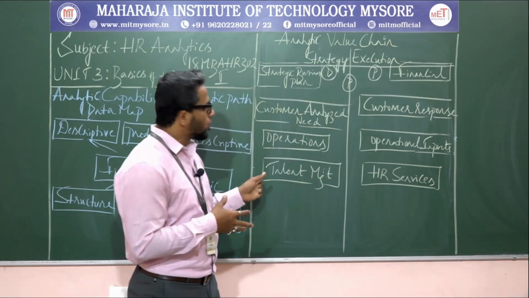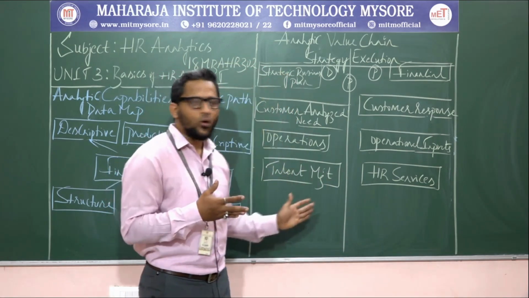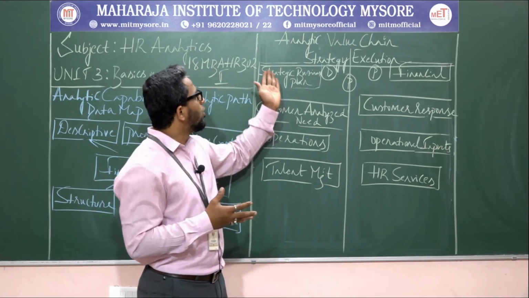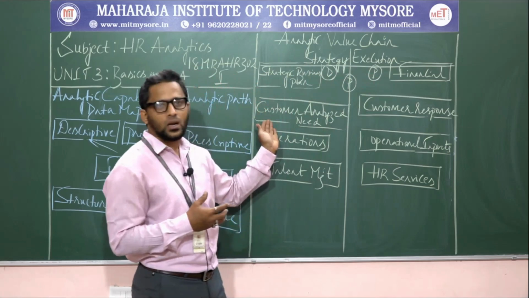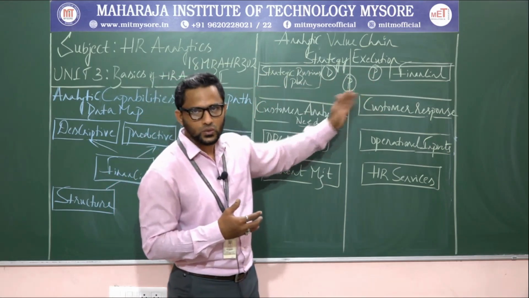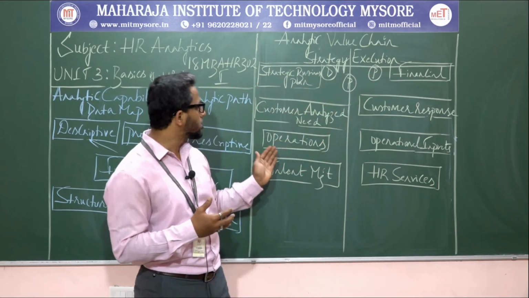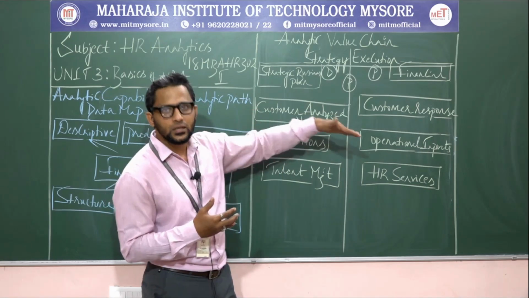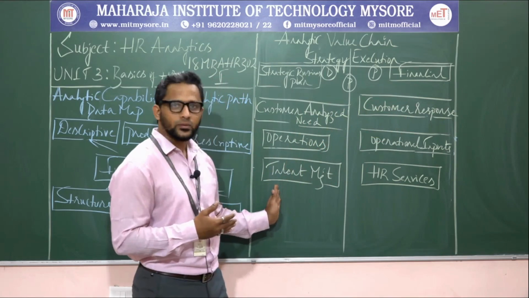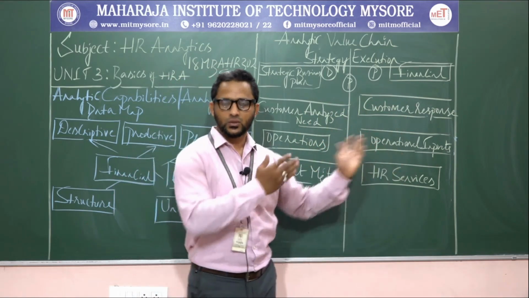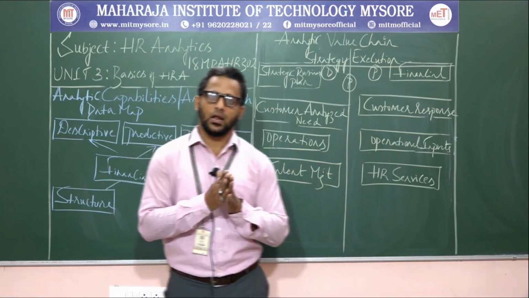This way we can understand it in the form of a U, or you can also connect it so that the strategic business plan always connects to your financial aspect or the customer analyzed need. Customer responses we try to match and analyze here. Strategy is there, execution is there, operations, operational inputs, talent management and your HR services. This way also you can understand it.